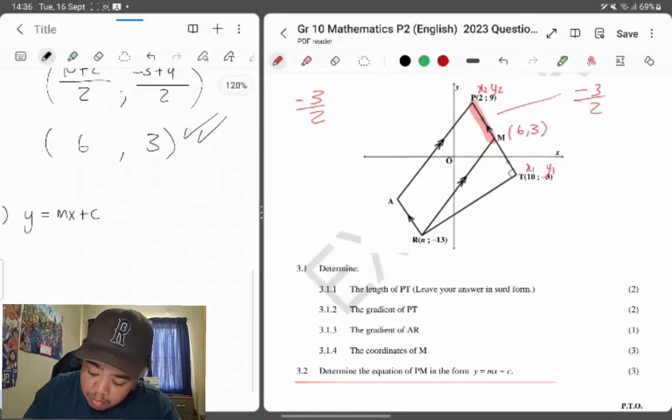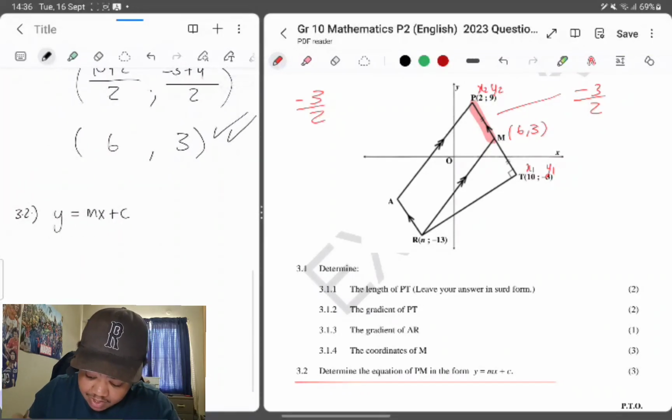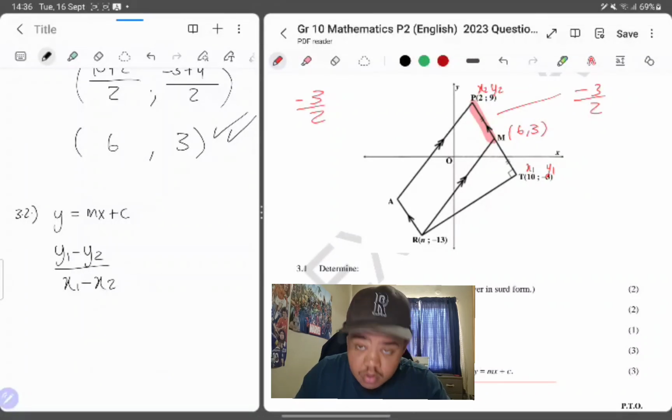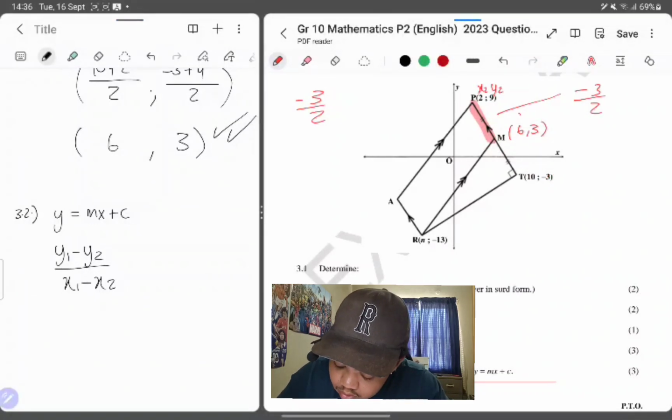So we're going to work out the gradient from P to M. The gradient formula again: y1 minus y2 over x1 minus x2. We have to use P and M, so this is x1 and this is y1.